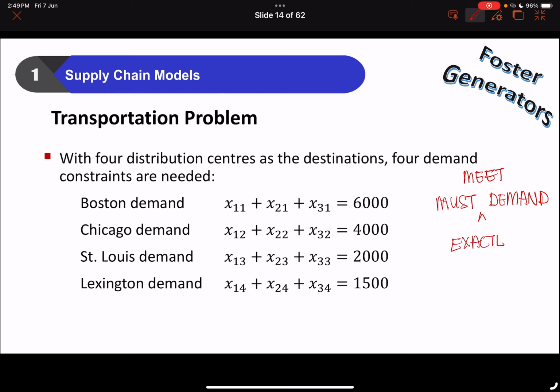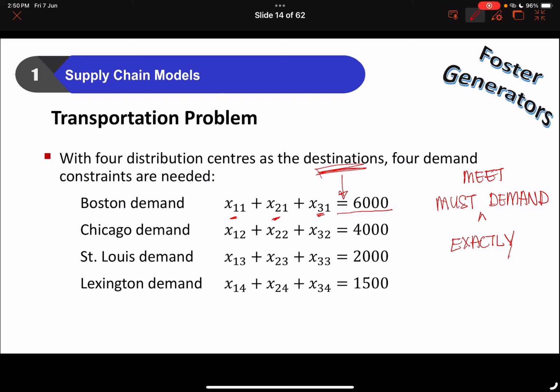If Boston requires 6,000, we will send 6,000 units. So at a destination you will have an equal sign: the goods received from origin 1, origin 2 and origin 3 must equal the demand, which is 6,000.